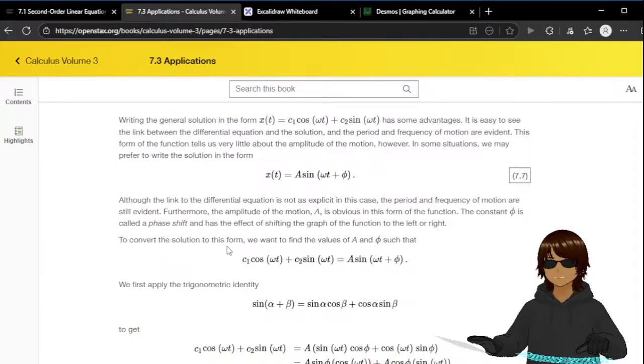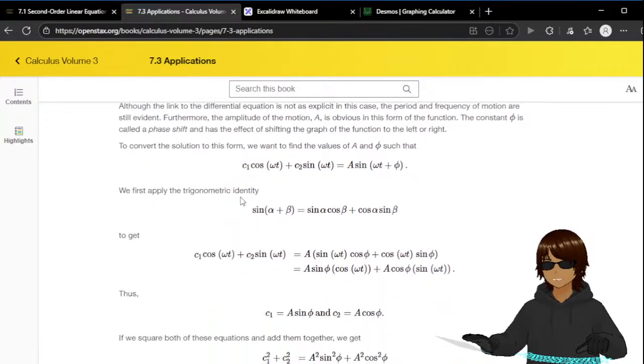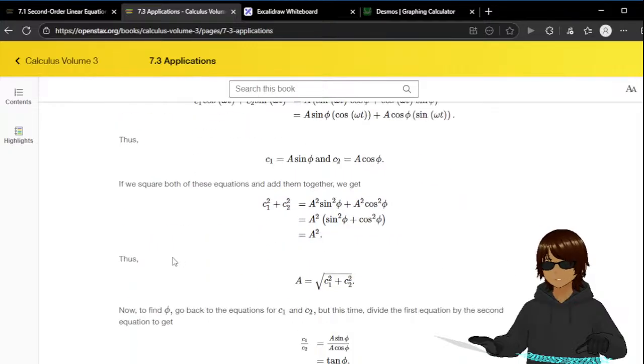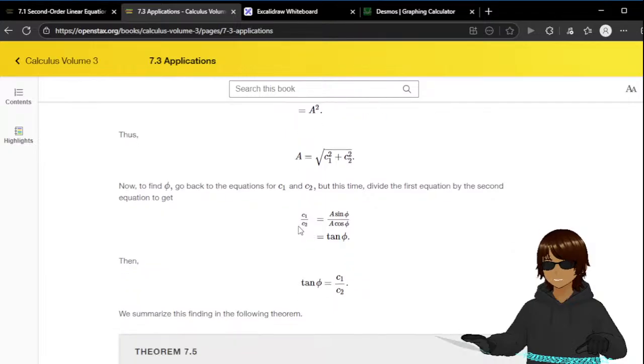To convert the solution to this form, we want to find values of A and phi such that this is equal to this. We apply the trigonometric identity to get this. Thus, C1 is A cos phi. Squaring both sides, we get A squared. Thus, A is equal to this, since tan phi is this.